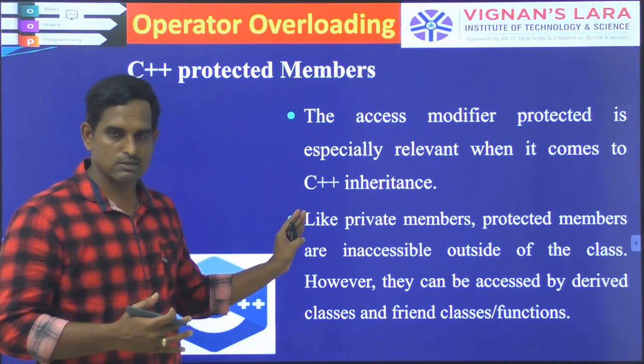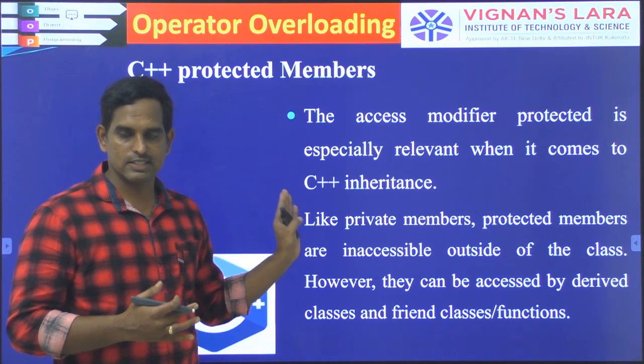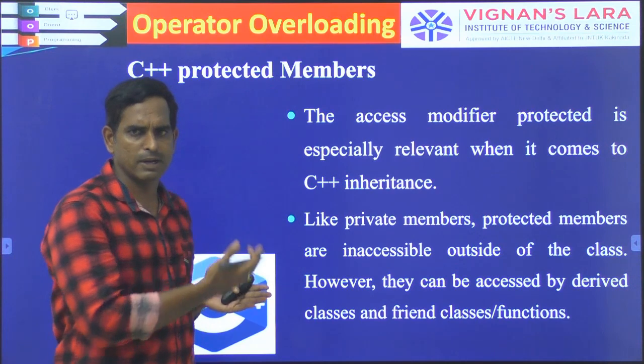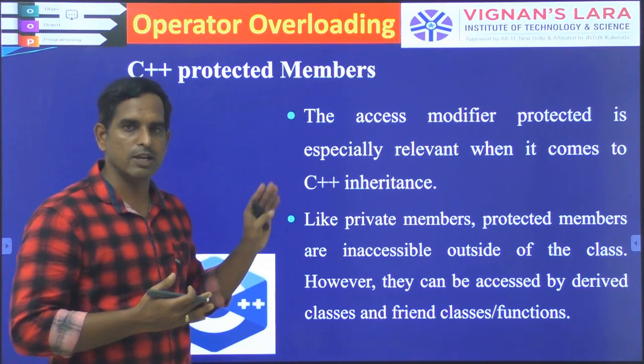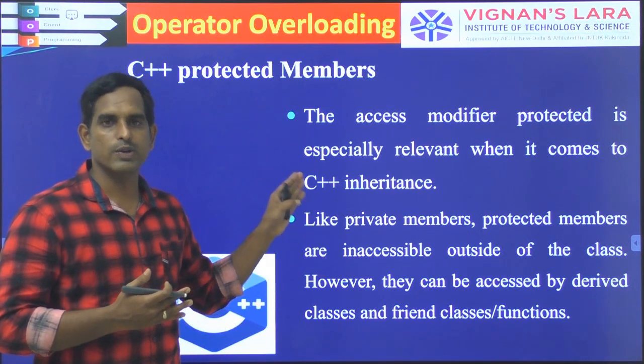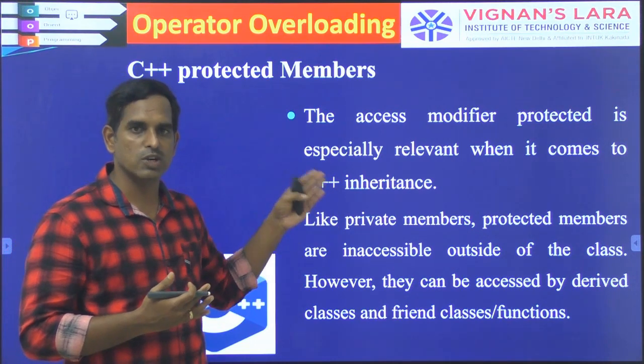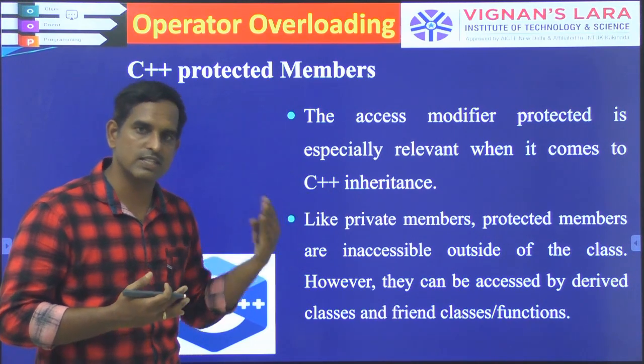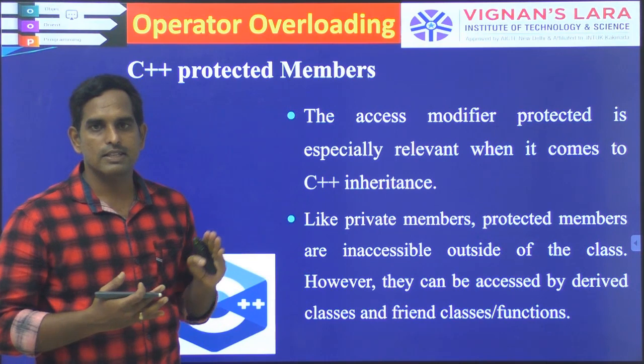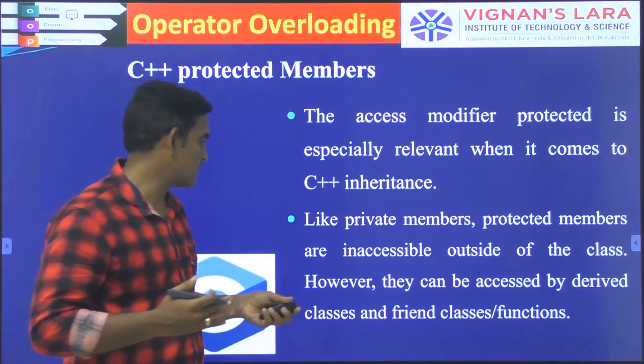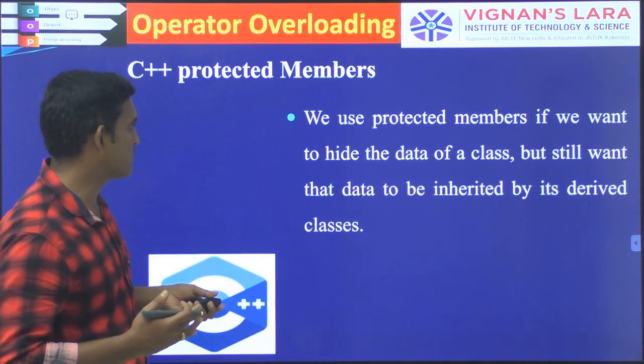Protected class members are just like private, except that private members can be accessed only within the class, but protected class members can be accessed within the class as well as by derived class members. I told you all these things in the previous session.